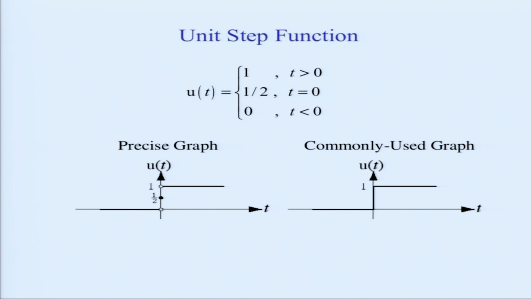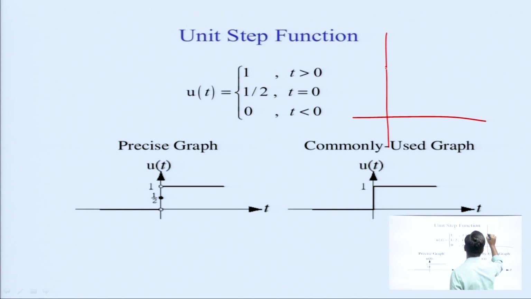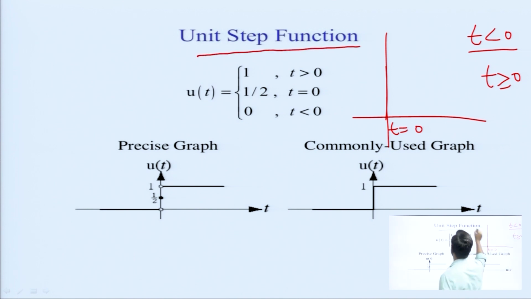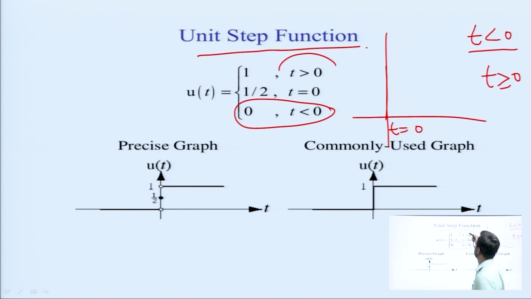Let us start with the very basic type of signal, the unit step function. What is the unit step function? A signal which does not have any value for t less than 0, but has a value only for t greater than or equal to 0, and the value it has is constant, is basically a step signal. The unit step function has no value before t less than 0 and has a constant value, that is 1, for t greater than 0, and the value at t equal to 0 is the average, 1 by 2.